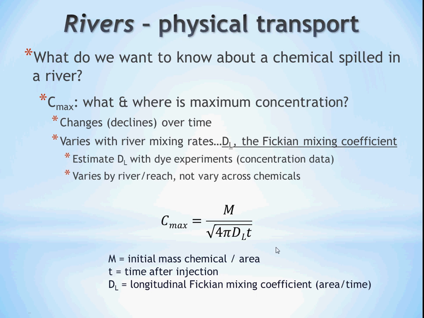Okay, so then we can use DL to calculate what the maximum concentration is at the time that we're interested in, the time after injection. For that, we need to know the initial mass of chemical per cross-sectional area, what time we're interested in, and the longitudinal Fickian mixing coefficient.